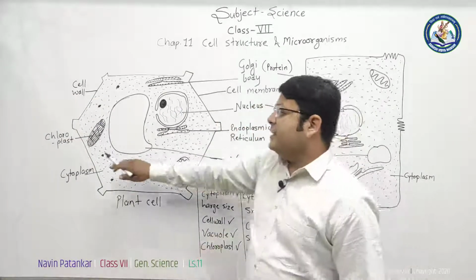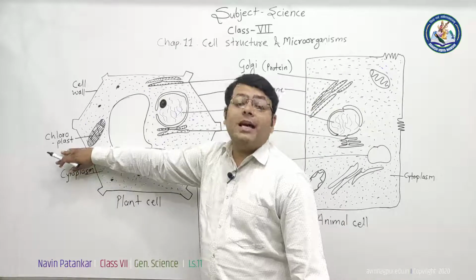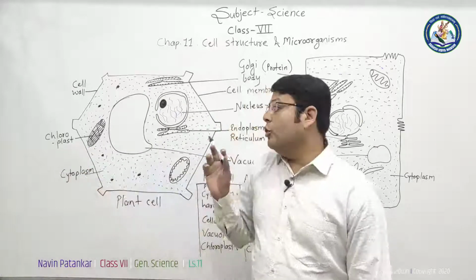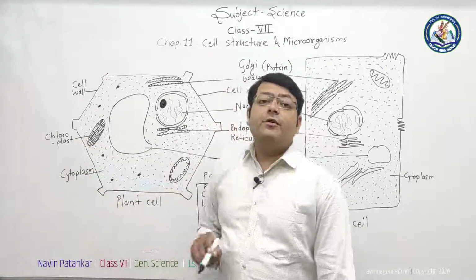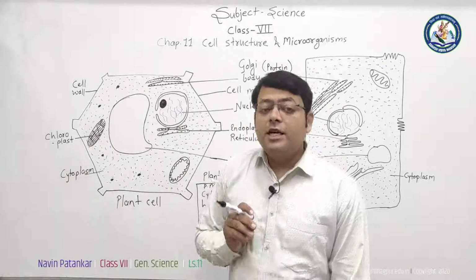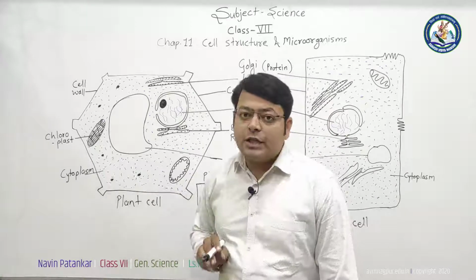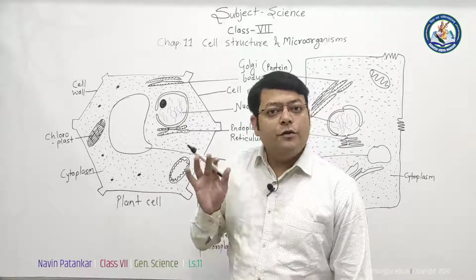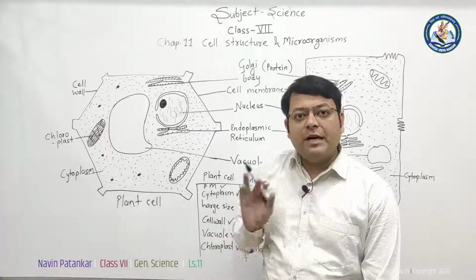Then there is the chloroplast, present only in the plant cell, because the chloroplast helps in the photosynthesis process. Through photosynthesis, the plant prepares its own food in the presence of sunlight.